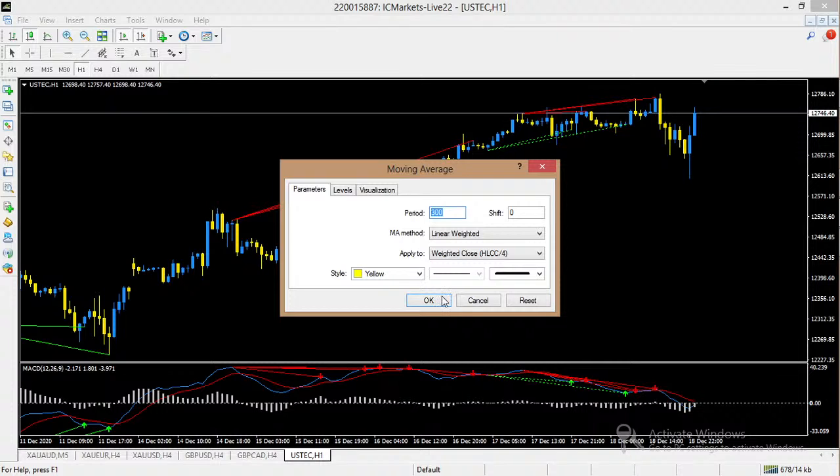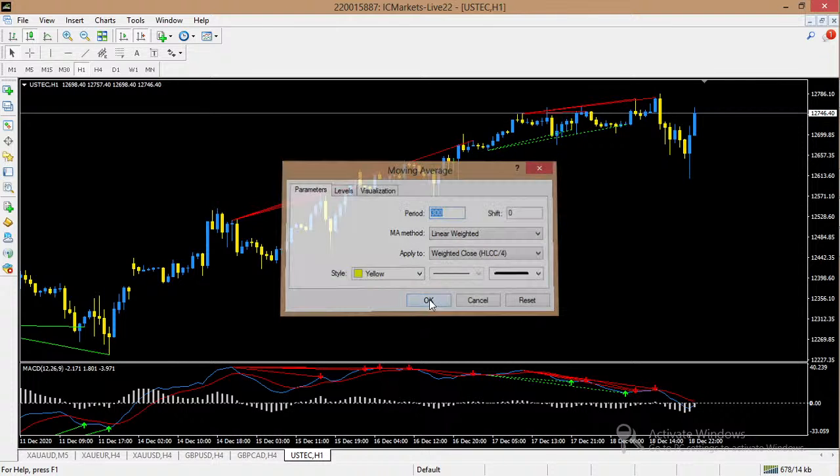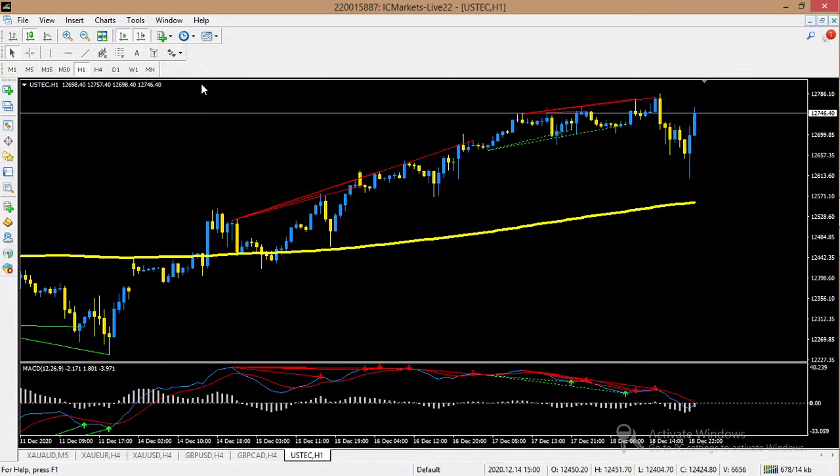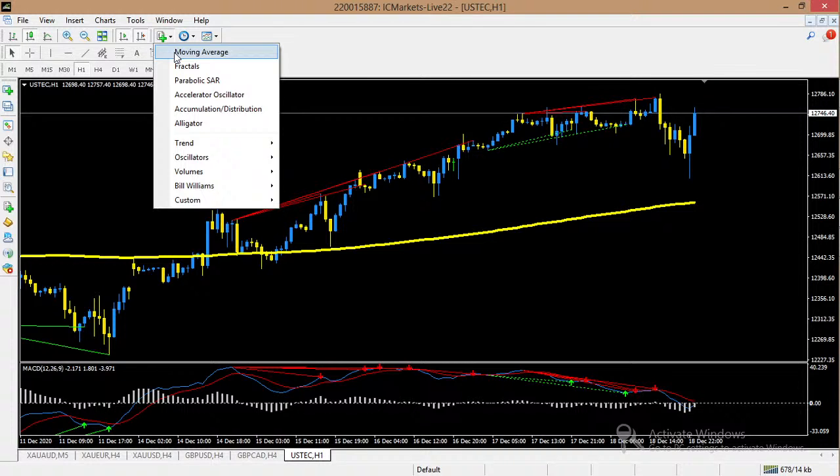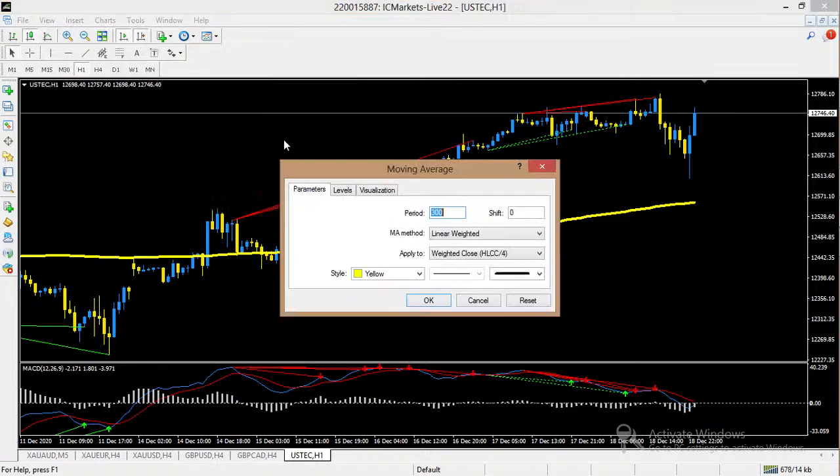Then you go back to indicators list, select moving average as well. This time around you add 34 moving average.